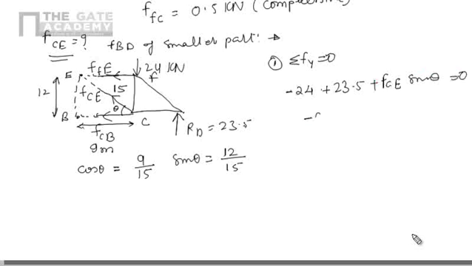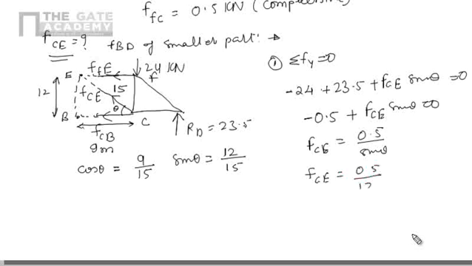So I have 0.5 plus FCE sin theta equals 0, so FCE equals 0.5 by sin theta. The value of sin theta is 12 by 15, and if we simplify, we get FCE equals 0.63 kilonewton. The sign is positive, so it means it is tensile.